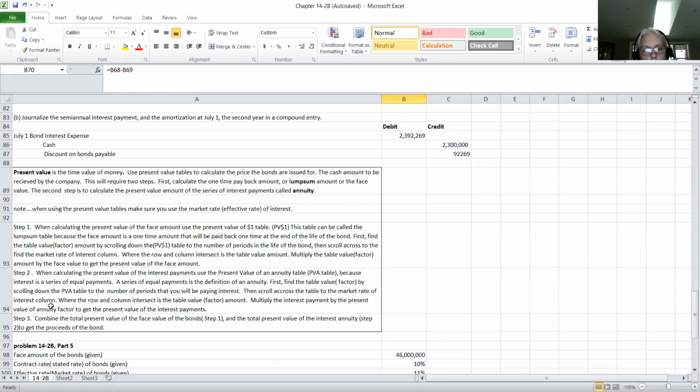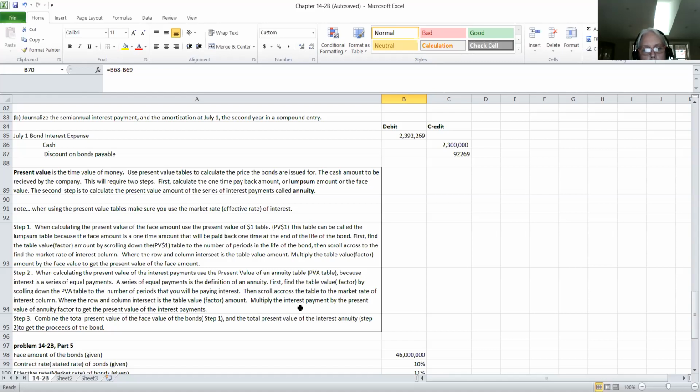The market rate of interest, again, was 11%. So we're going to divide that by 2. The market rate of interest for a semi-annual interest payment would be 5.5%. Where the row and the column intersect is the table value factor amount.